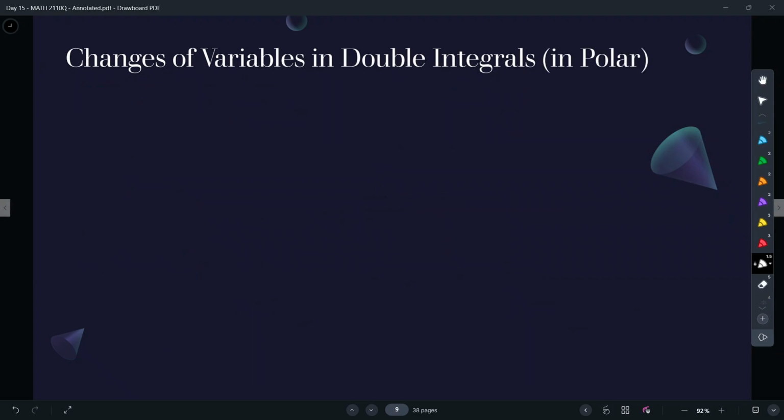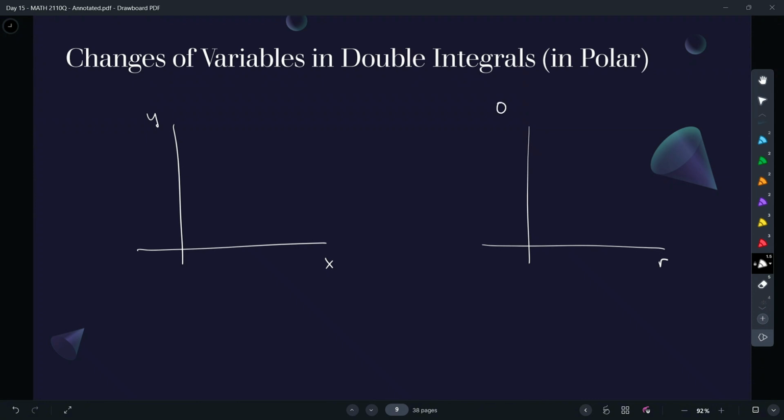Okay, so the change of variables in polar, we are going from a region in Cartesian in x and y. We are going to a region in r and theta. Okay, so there is a region here, and then there is some region here.